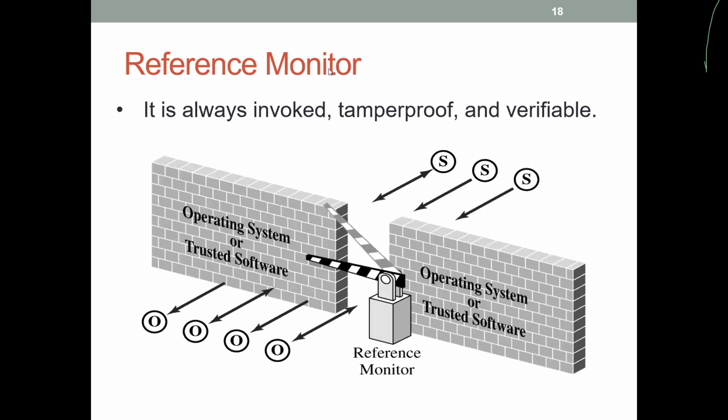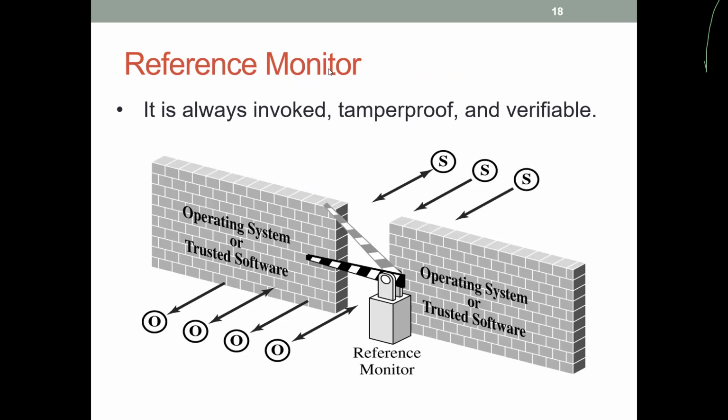The reference monitoring, in the sense, just think about in front of that university entrance, there is a security guard, right? What is the functionality of that security guard? Tell me. He observes each and everyone who enters the university. Then they will note down the things. Also, they will check whether that person has access permissions.